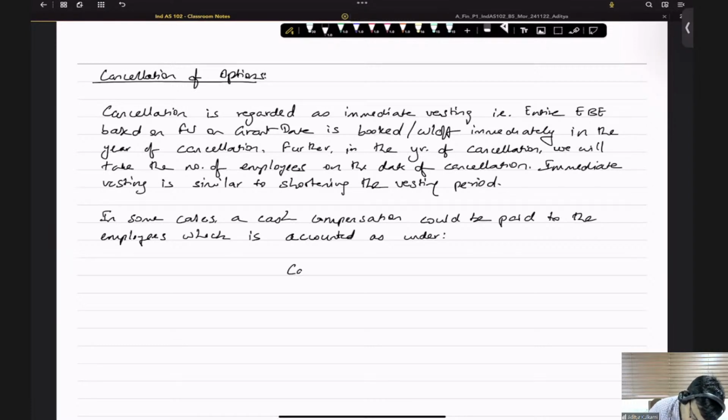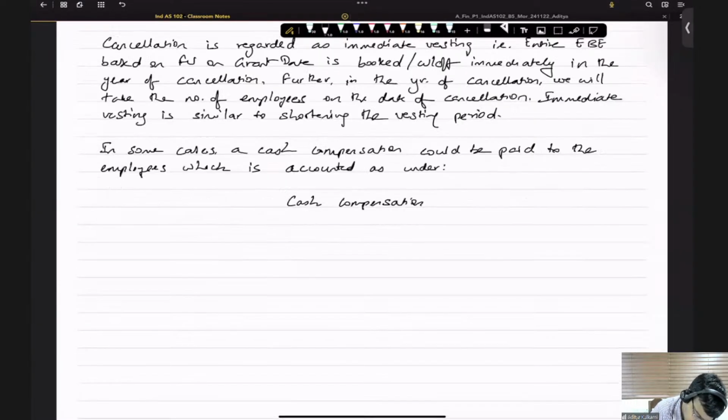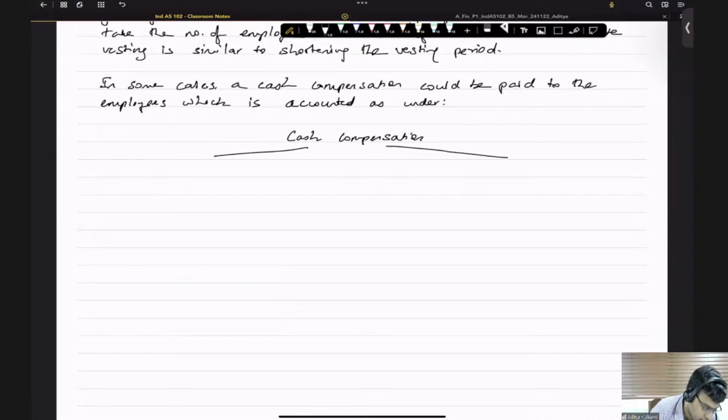Cash compensation up to fair value on the date of cancellation.